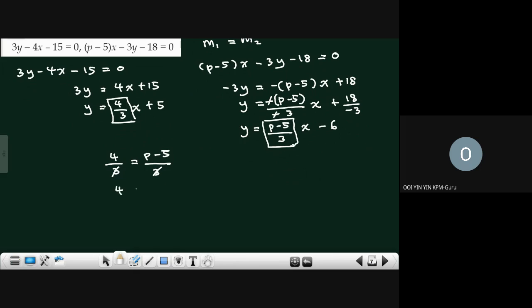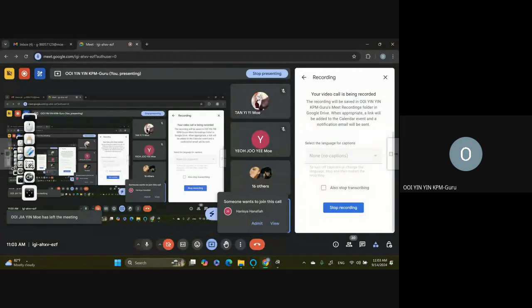So you are left with 4 equals p minus 5. So negative 5 moves over, 4 plus 5 is 9. So your p equals 9. So that's your answer. Done? So that is how you use the information given, and then you just find your p.